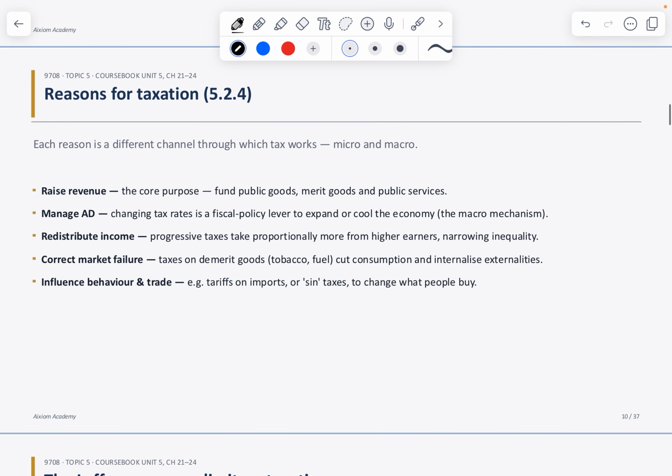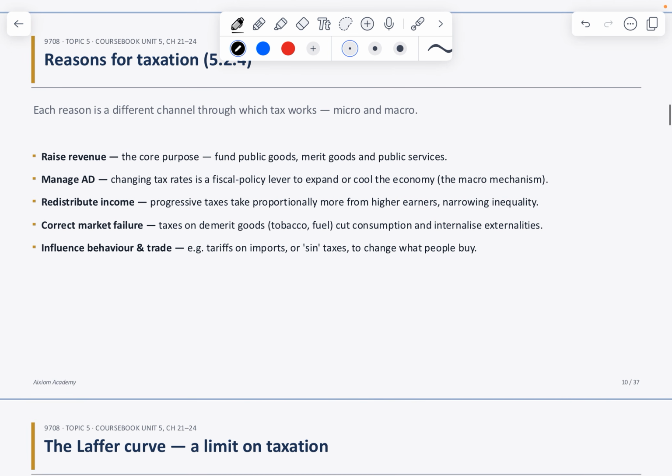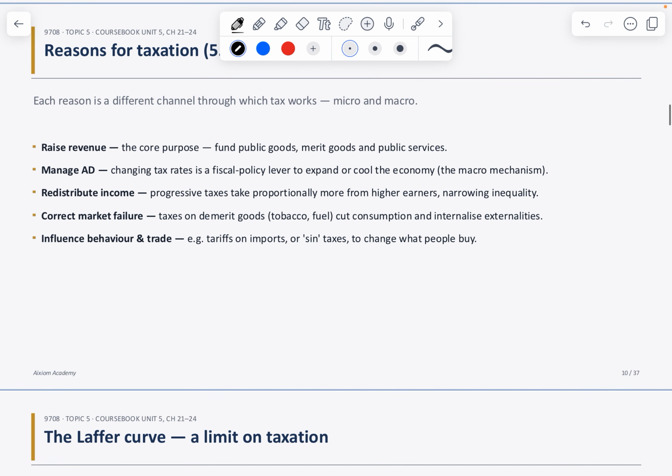And also tax can act as a policy to change aggregate demand. It is a fiscal policy lever, right? It can expand or cool the economy, and based on the context, you can adjust the tax rate and achieve your aim. And also it can act as a redistribution of income.